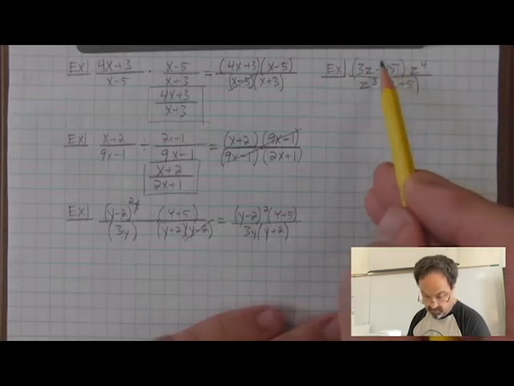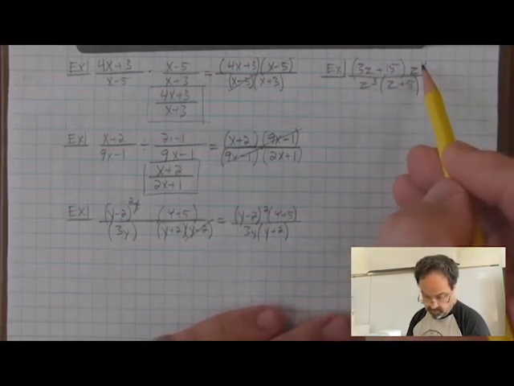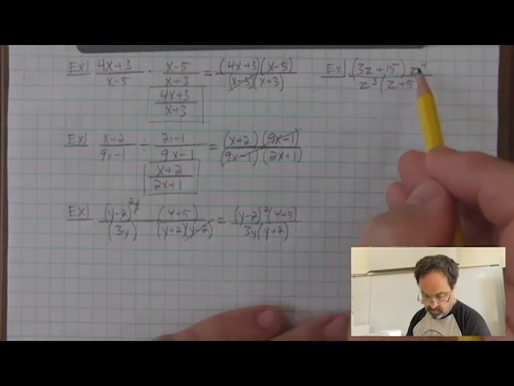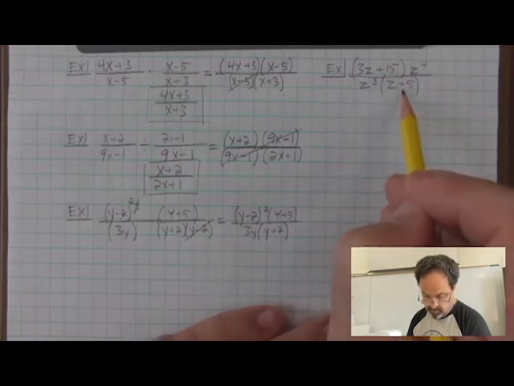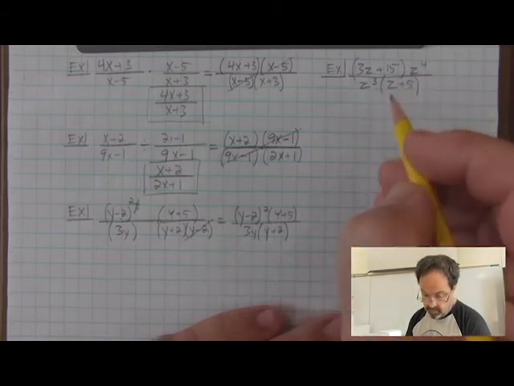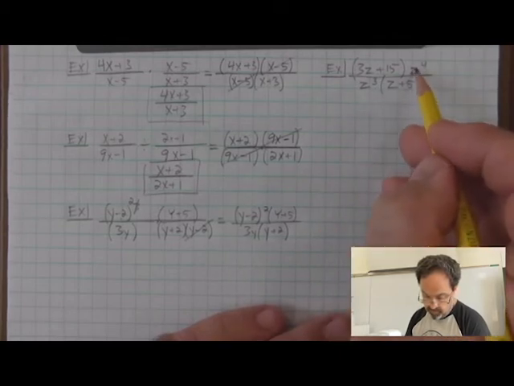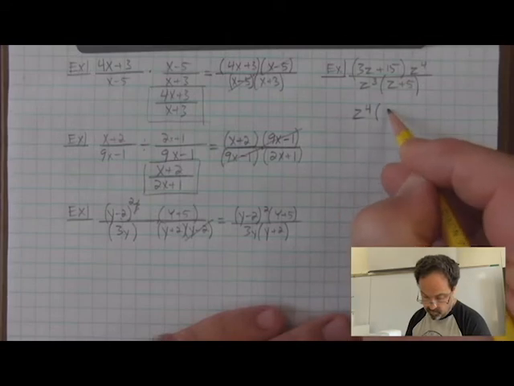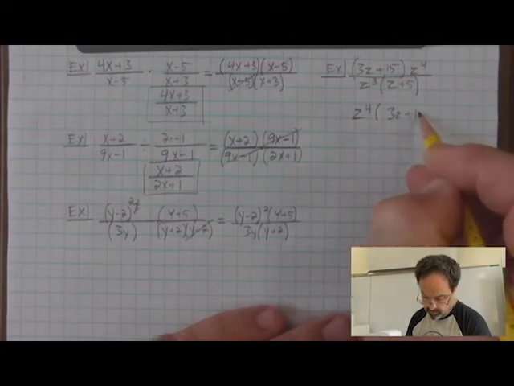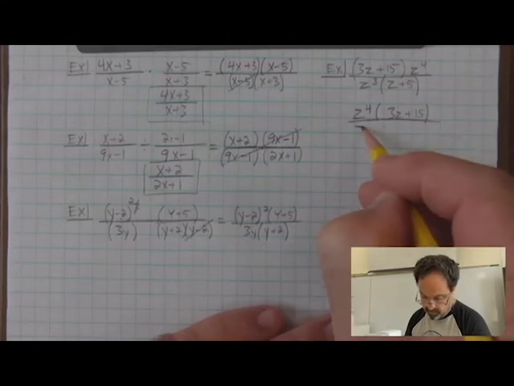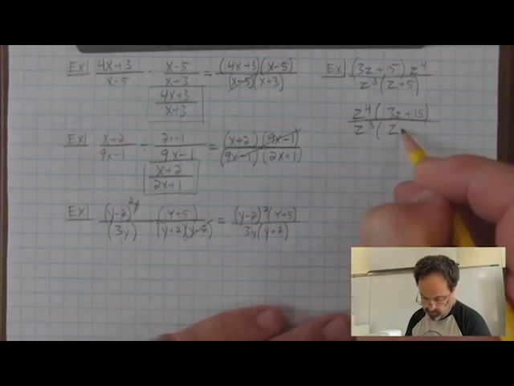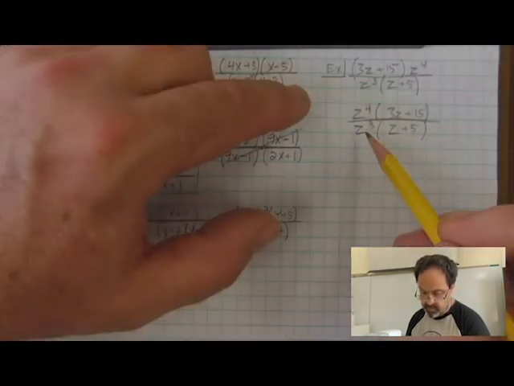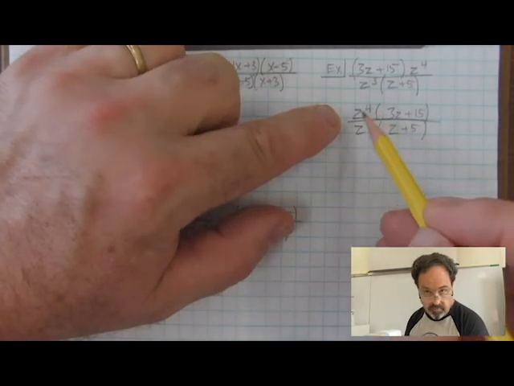I've grouped the 3z + 15 and the z to the 4th, z to the 3rd, and z + 5. If I move the z to the 4th in front, doesn't matter the order in which I list the factors, but if I put it in front, it might be easier to see that I've got 4 z factors.